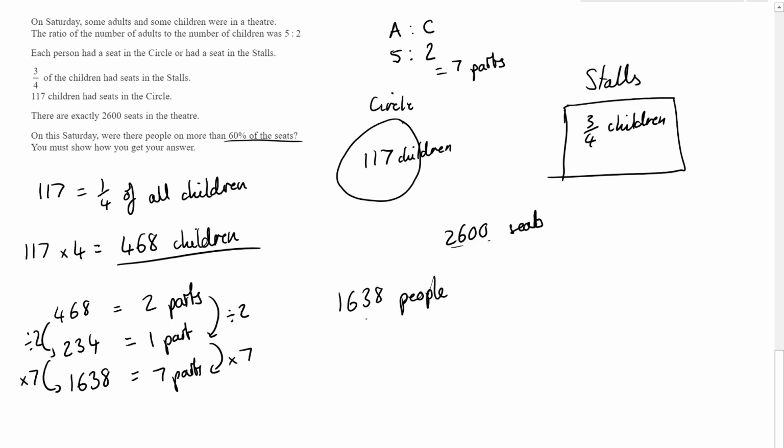So if we work out what this is as a percentage of 2,600, it's 1,638 over 2,600 times by 100, and then we can put that into a calculator. So 1,638 over 2,600, and then times that whole thing by 100, and that gives you 63%.